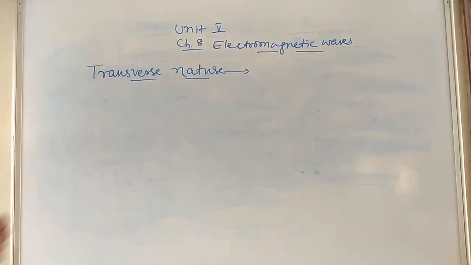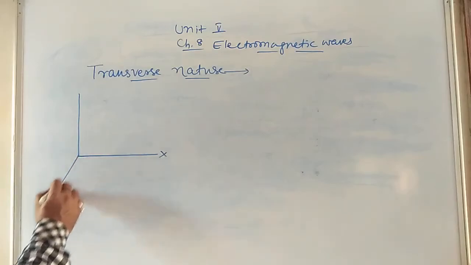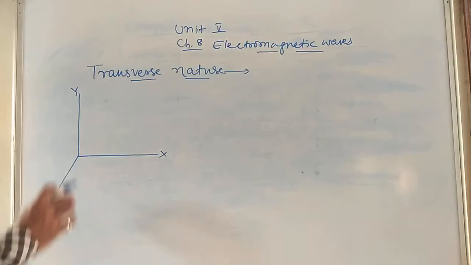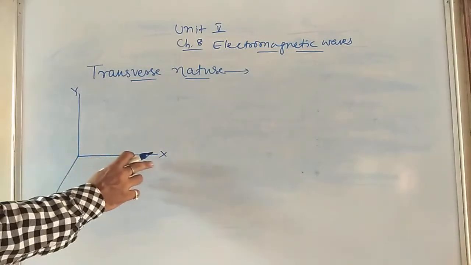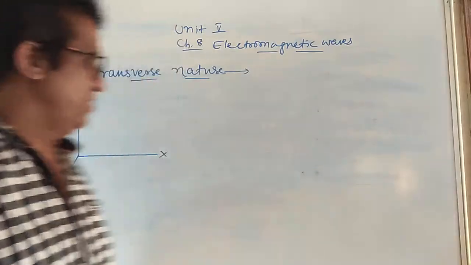Now, suppose here is an x-axis, here it is the z-axis and the y-axis. Consider a plane electromagnetic wave traveling along the x direction here.